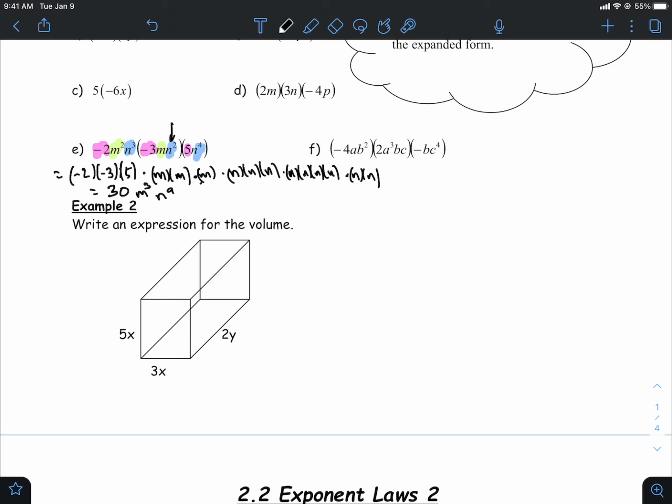Okay. So you'll recall, hopefully, I put a question up on your test 2 review. I didn't know how it was going to go, but now I think we could deal with it based on how we've worked with power laws. So if I gave you something like: write the expression for the volume of this little rectangular prism. Do we all know what the volume of a rectangular prism is?